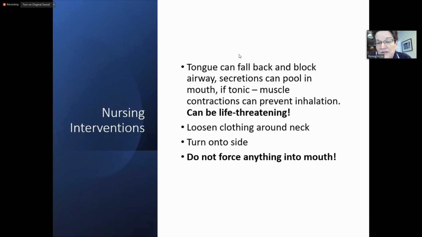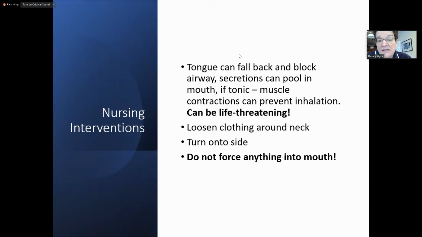One of the things that you will see is that people often think, I'm going to put this tongue blade in there to keep them from biting their tongue. The problem is that the majority of the time, most people realize that they've started to have a seizure. Those teeth cannot be pried apart.